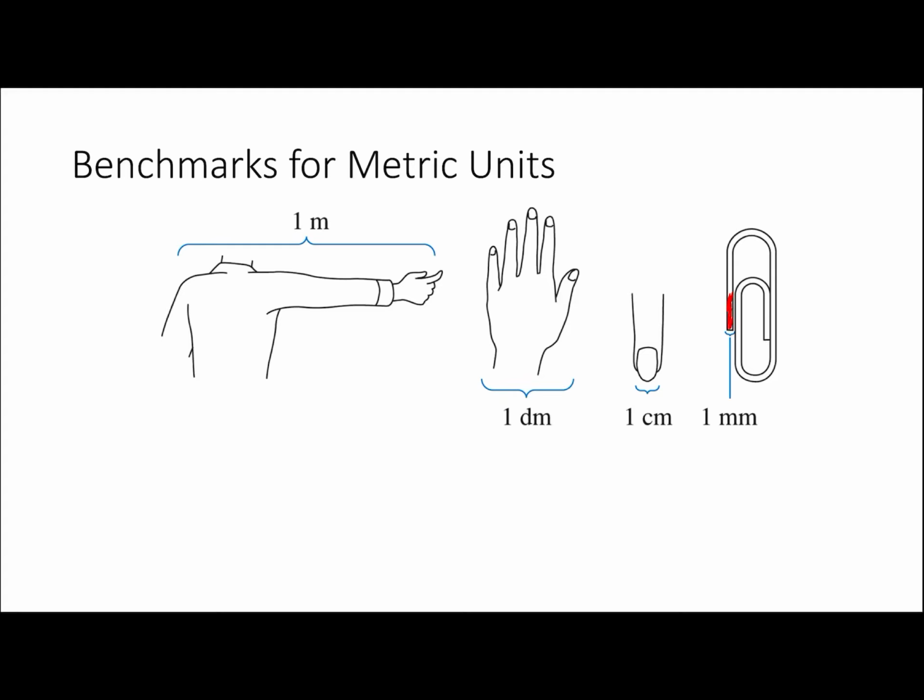And so just to put this in perspective for you, it would take 1,000 of those paper clips lined up, stretched out straight, to equal that 1 meter, where it would take 100 of your finger widths to be a meter, or 10 of your hand widths to be a meter, and so on. Okay, so just to give you an idea about how that works and what those measurements would be like.